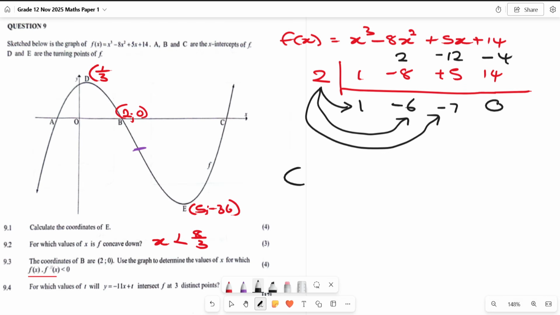Now we open our brackets, a small one and a big one, right? In the small bracket, x is going to be equal to 2, because when you take out x, it has to be equal to 2.